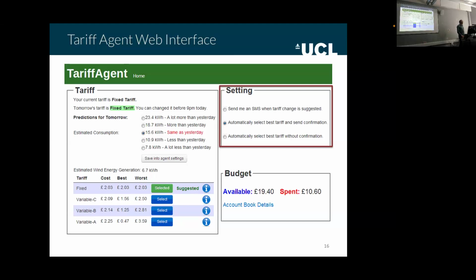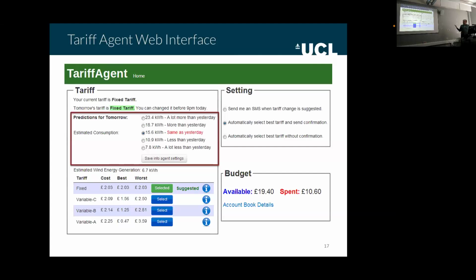So you can say, just send me an SMS when you think I should change tariff, or automatically switch me to the tariff that you think is most convenient, but send me an SMS so that I can undo the change if I'm not convinced. Or you can put sort of like set and forget, just like take care of my tariff. I don't want to know anything about it. Don't bug me with SMS messages.